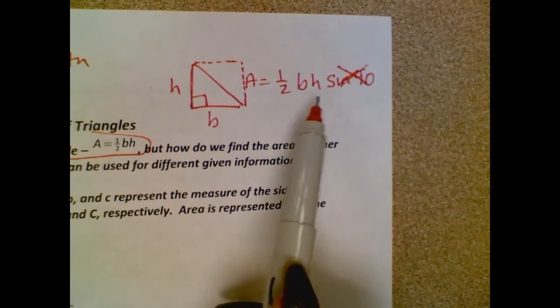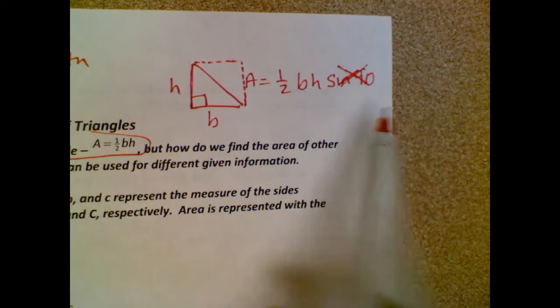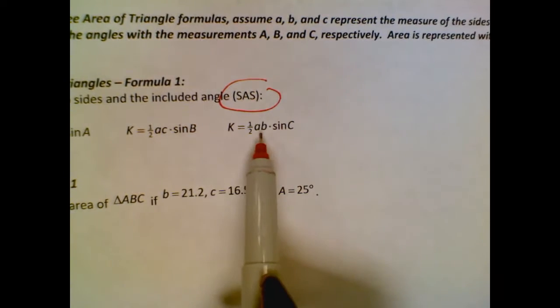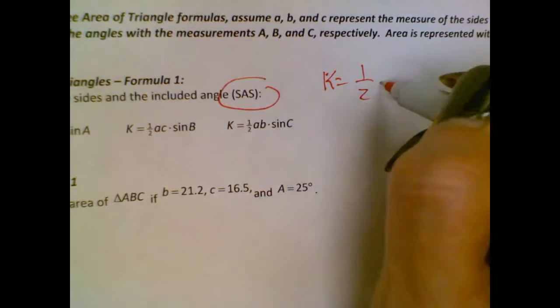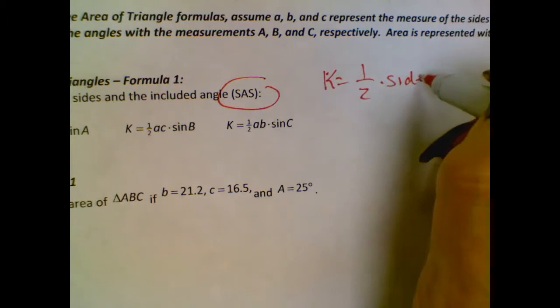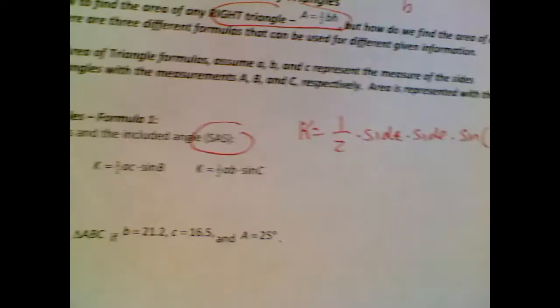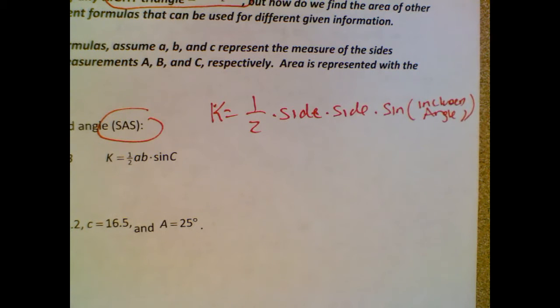But this formula can be used for any triangle. If it's not 90, you have to use the sine angle part, which gives us this part. So area is, basically in words, 1/2 side times side times sine of included angle.